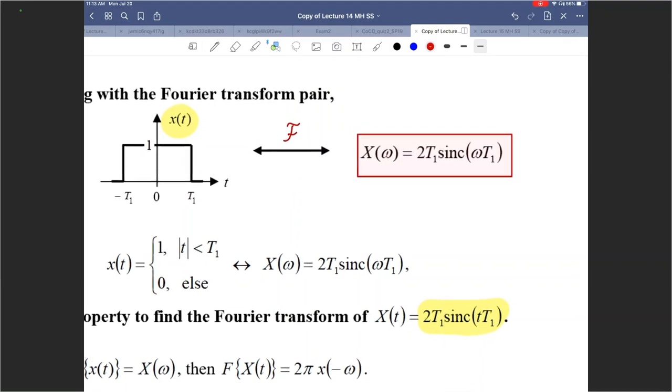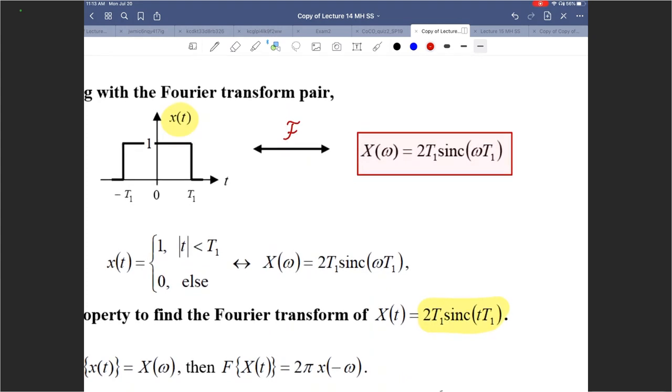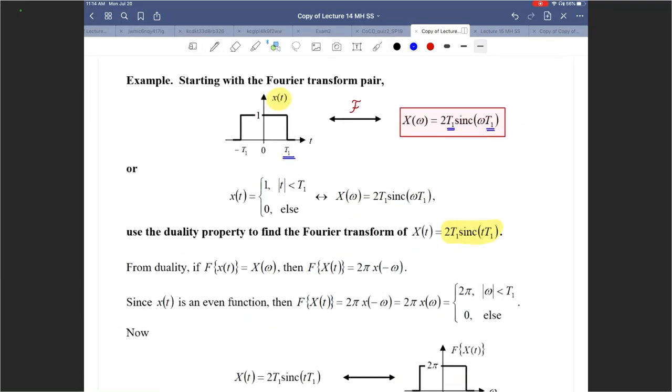And you know, this t1, let me highlight that in blue. You have t1 there, you have t1 there. You can also write x of t in bracket notation as 1 between minus t1 and t1, and 0 otherwise. The Fourier transform of that is cap X of omega, which is 2 t1 sinc omega t1.